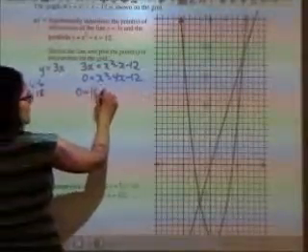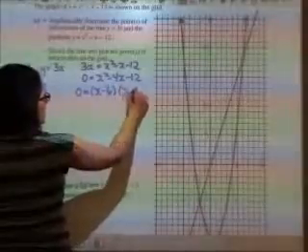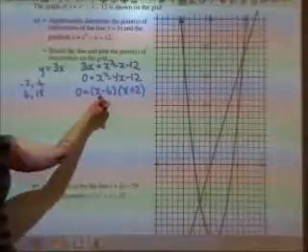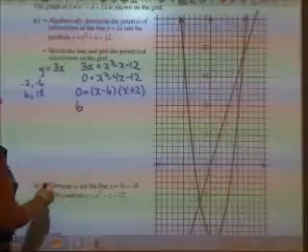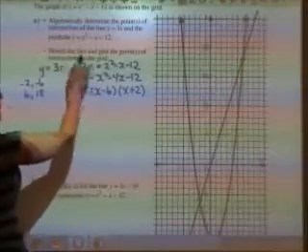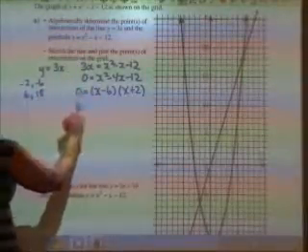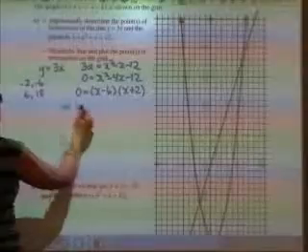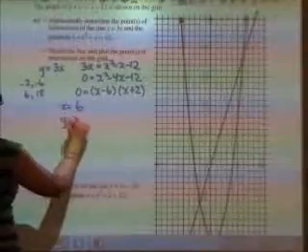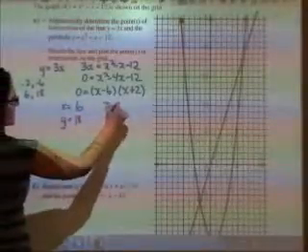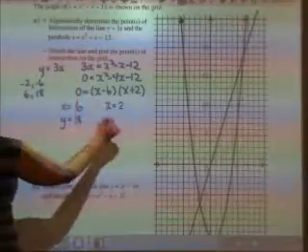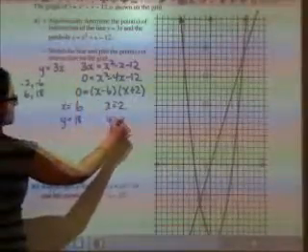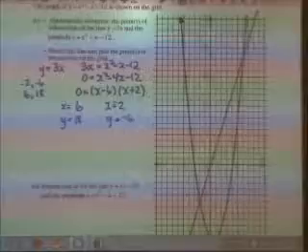So I get x minus 6 and x plus 2. There's my 6. And then when I substitute it back in, if x equals 6, y is going to equal 18. And this one is x equals negative 2, which means y would equal negative 6.